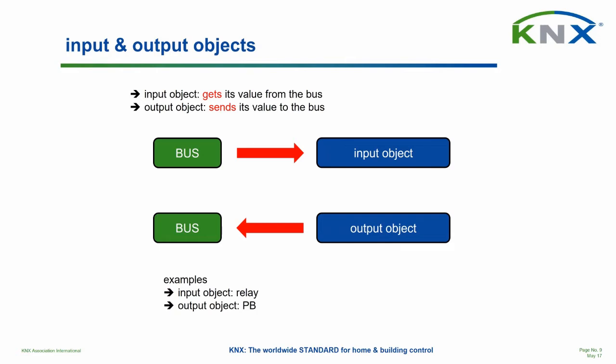So a relay is considered an input object. An output object is a push button, because whenever the user manipulates the rocker, the device is supposed to send telegrams to the bus, so to send the updated value of the rocker to the bus. So therefore, output object.